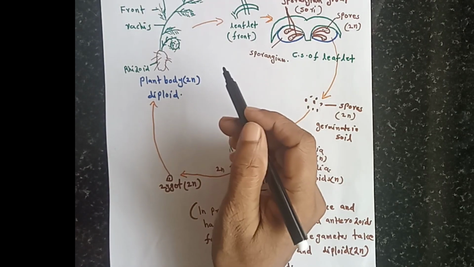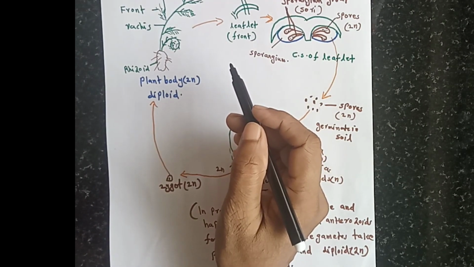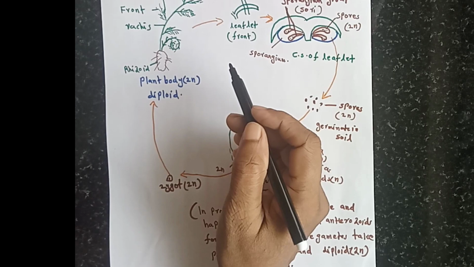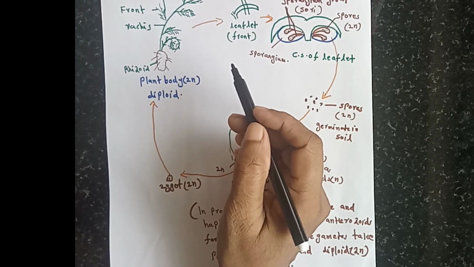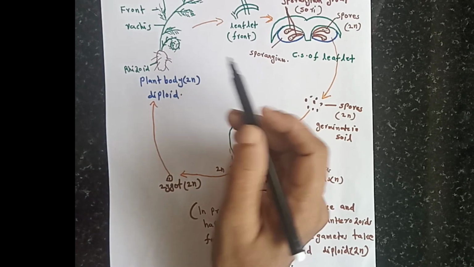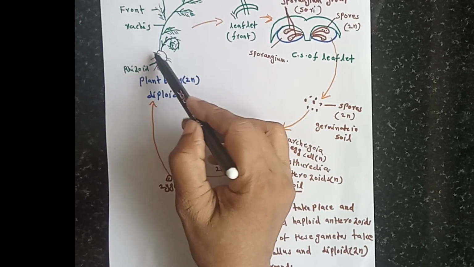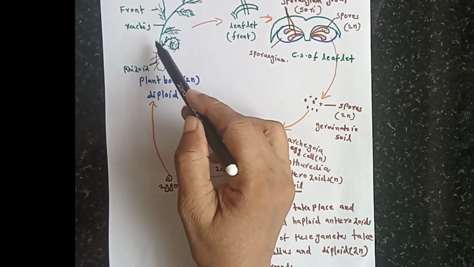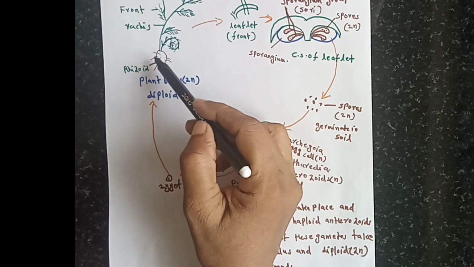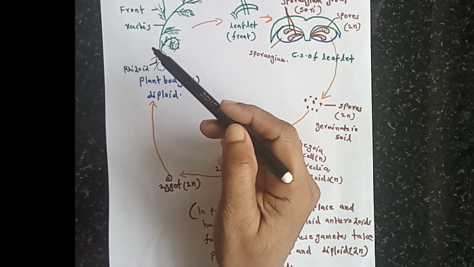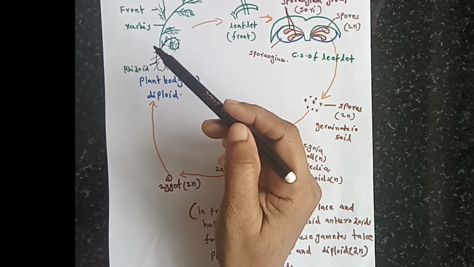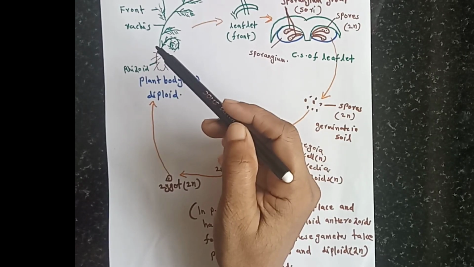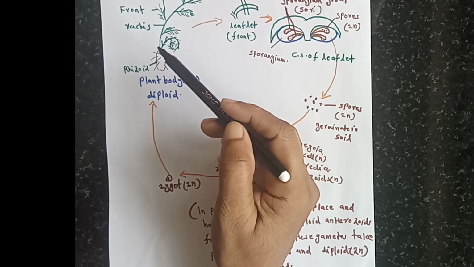Then we discussed pteridophytes, or ferns. This is one example of a pteridophytic plant, the common fern. Ferns are lower vascular plants with immature vascular tissues.